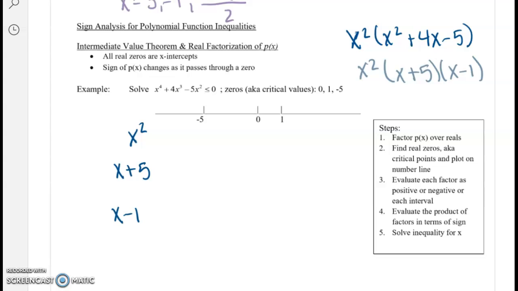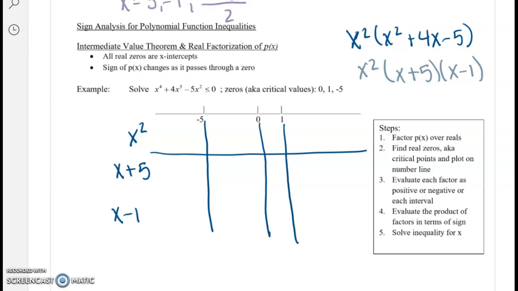What I'm doing here is, in these intervals, I'm picking numbers and testing them out to see whether I'm positive or negative on those intervals. For example, I'm going to start with picking a number to the left here, so negative 6. And I'm looking for less than or equal to 0, so I'm looking for when my solution is negative in this interval.